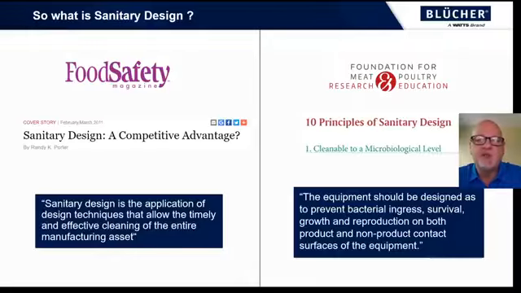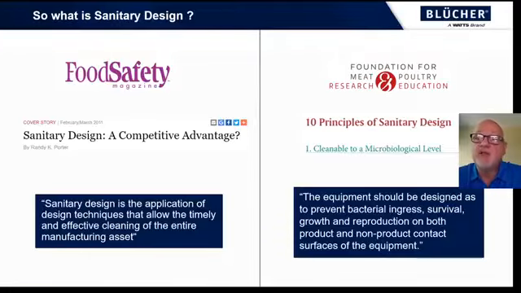The second quote is from an item published by the Foundation for Meat and Poultry, quoting one of their 10 principles of sanitary design. In fact, it's their first principle. Cleanable to a microscopic level. The equipment should be designed as to prevent bacterial ingress, survival, growth, and reproduction on both product and non-product contact surfaces of the equipment.